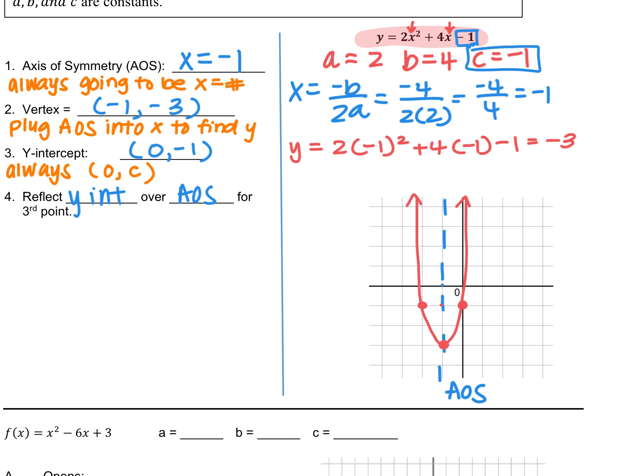Whatever that very last number is in standard form is our y-intercept. If I was to use quote slope here, it would be my a value, which is 2. So my quote slope would be 2 over 1, which still works because I would go up 2, right and left 1.